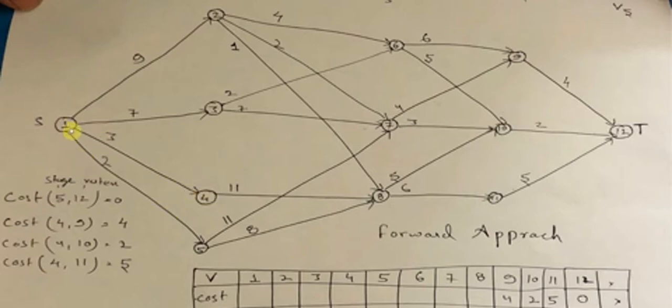So in the case of the multi-stage graph problem, where we are supposed to find the shortest path from source to sink, we have to take a sequence of decisions which should be optimal in nature, so that the overall path from source to sink is as short as possible.